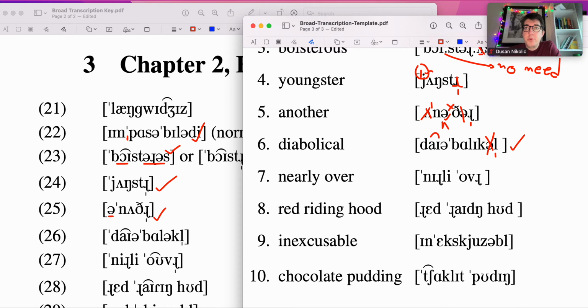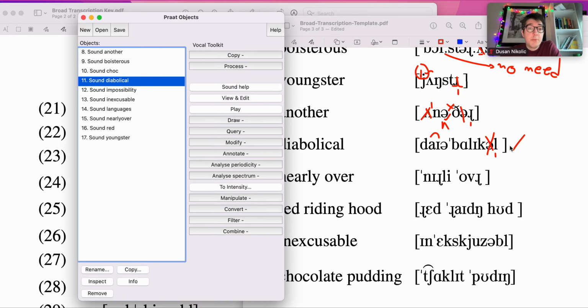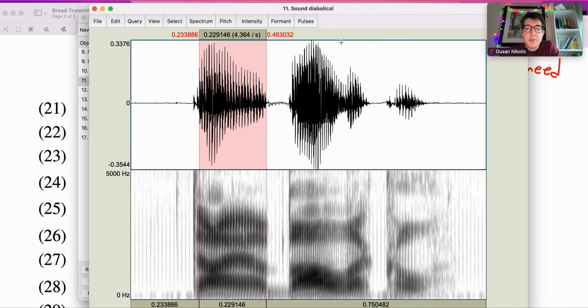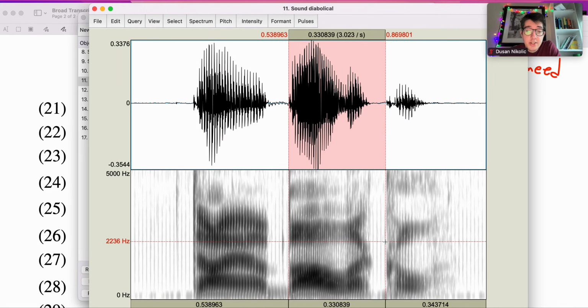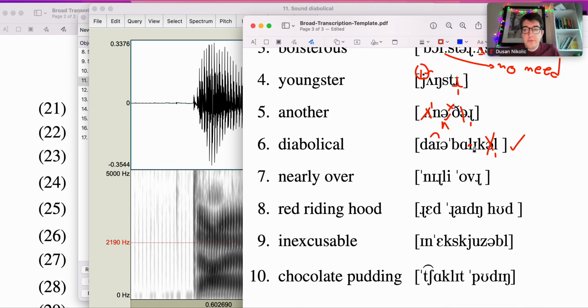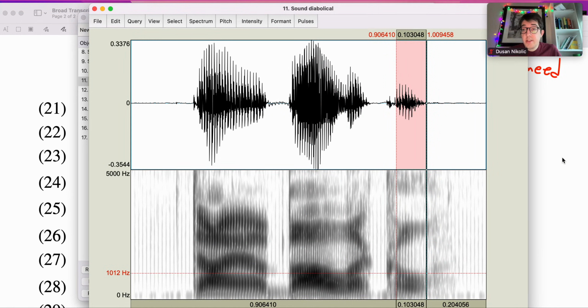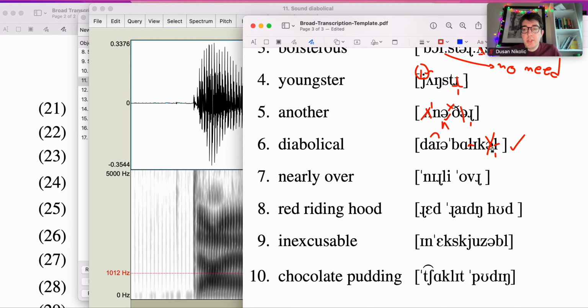For sure, if you want to become more advanced and do the narrow transcription, you can listen to L. It's for sure velarized, and here there is no doubt that it is. So we have to have a velar L, like this. Diabolical.